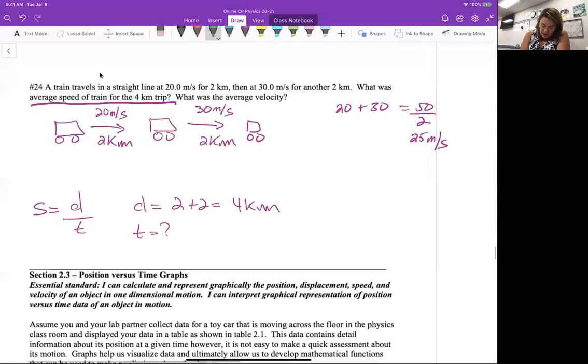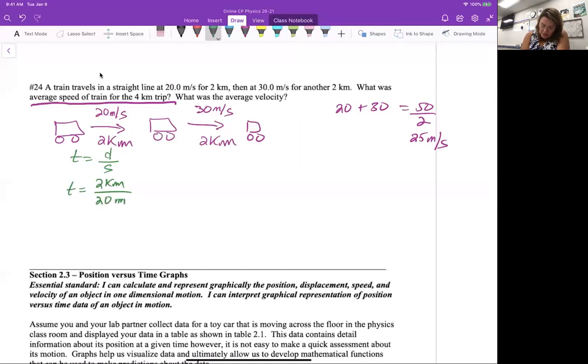So if I rearrange this equation for time, I would find time to be equal to distance over the speed, okay? And so let me just move this out of the way. Let's solve for the time for each location. So this is equal to the distance, which was 2 kilometers, divided by 20 meters per second.